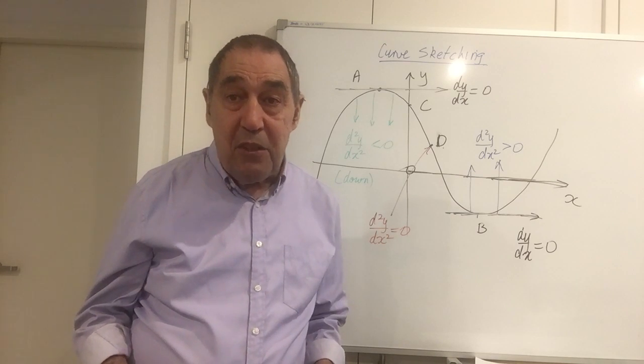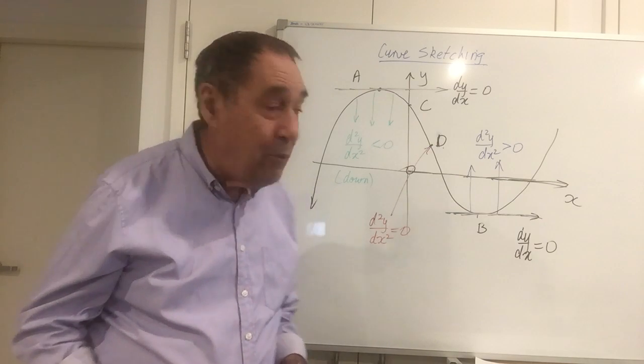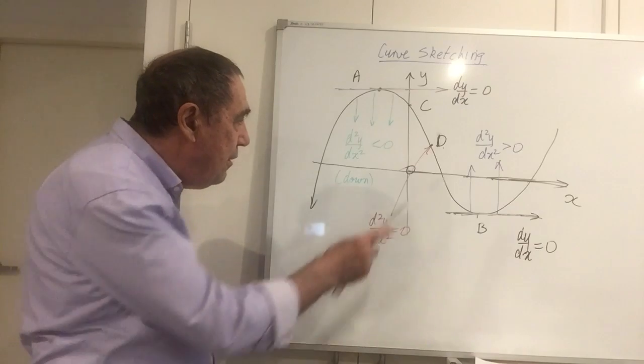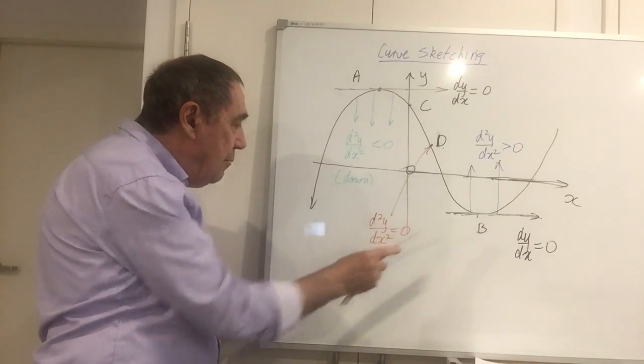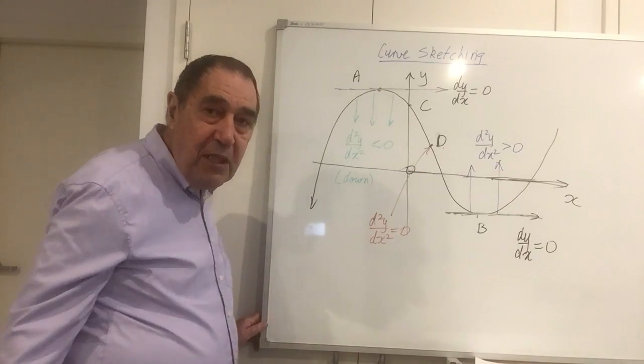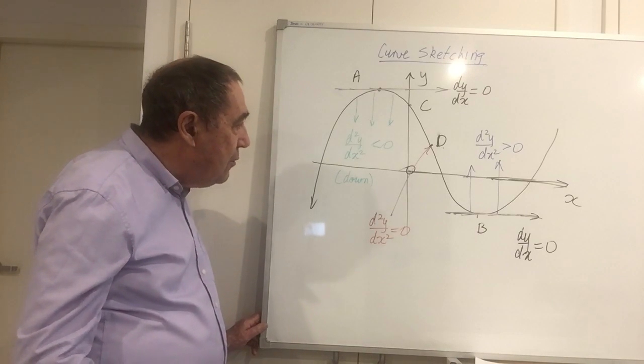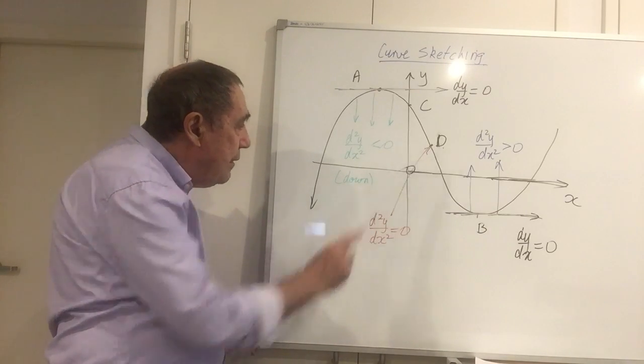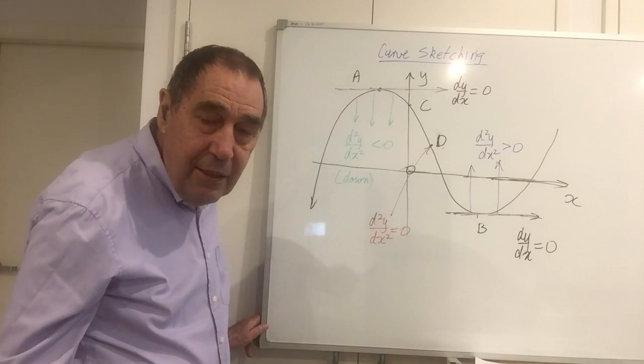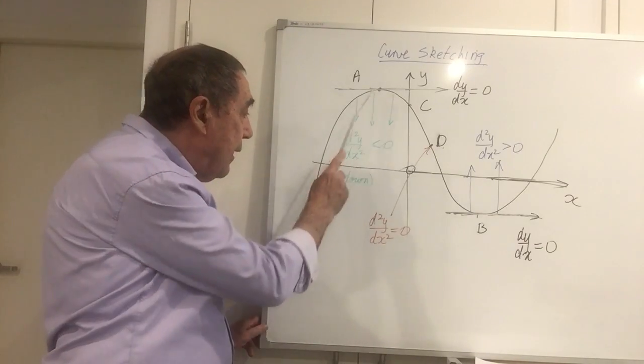Well, inflection means no flexing. So we have what we call a point of inflection between A and B, where the second derivative is equal to 0.